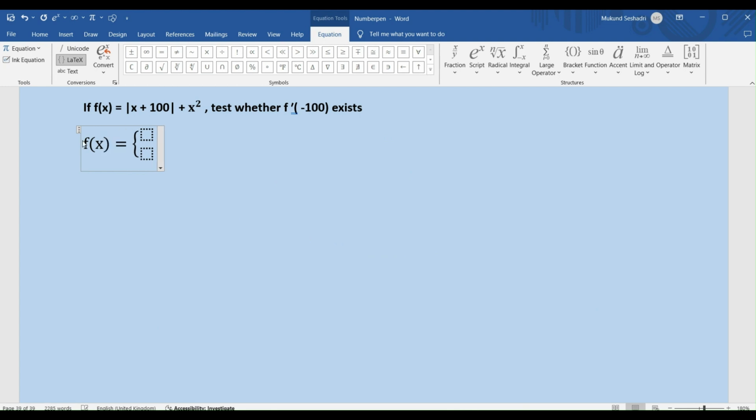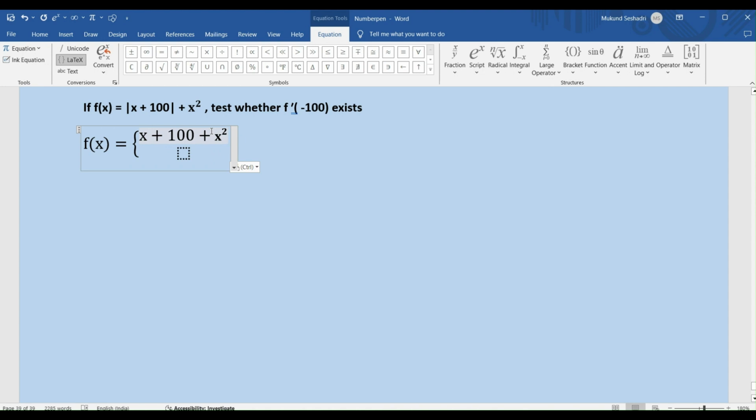F of x has to be defined piecewise as x moves through minus 100, right? And why is that? Because our function mod of x plus 100 plus x square will undergo a transformation at x equals minus 100. Because mod of x plus 100 takes the value x plus 100 for x greater than or equal to minus 100, right?